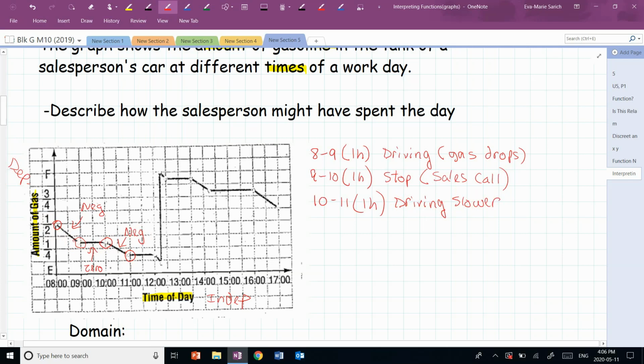And then you can see that between the next time frame from 11 to 12, there's another hour that goes by, and it's gone back to a zero slope. On that zero slope, the car again must be stopped for a sales call.